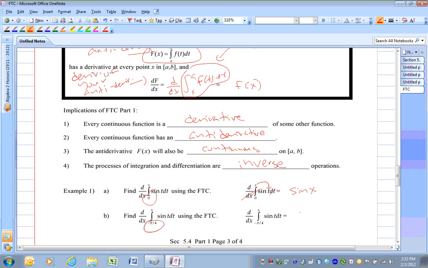It doesn't matter, because you're taking the derivative with respect to x, but your upper limit's x, you have sine t times dt, so these two just don't matter. I mean, for anything you define for a, it just doesn't matter. A just needs to be a constant.